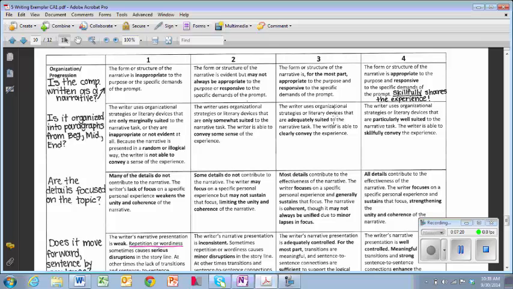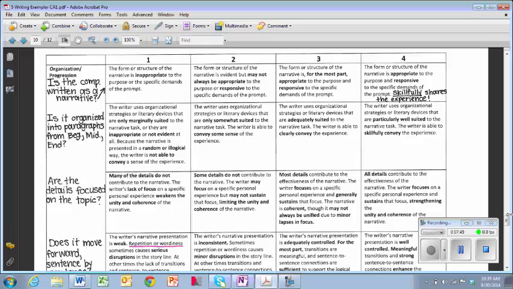And like we were saying before, to get a 4, you have to skillfully convey the experience. So it's not just that, yes, they wrote in paragraphs, so they automatically get a 4. It's, did each of those paragraphs seem very intended for the purpose of a new thought? Was it very skillfully conveyed and very well suited to that part of their story?